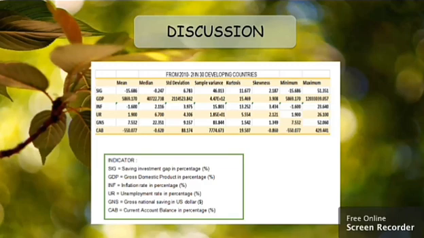However, if it is more than 0, then it is positive kurtosis, such as the GDP, IR, UR, which is the unemployment rate, and also the CAB, which is the current account balance. Meanwhile, the variables that get negative are the SIG, which is the saving investment gap, and also the GNS, which is gross national saving.